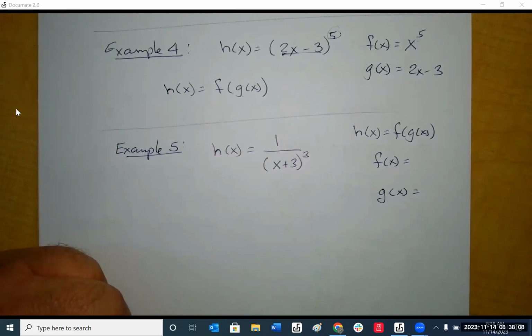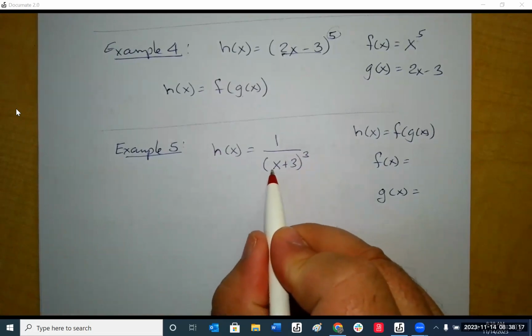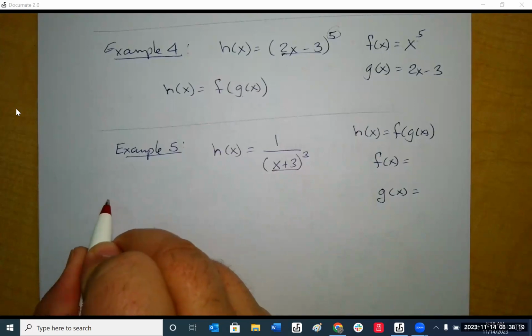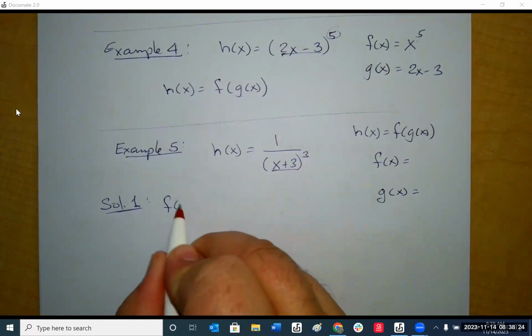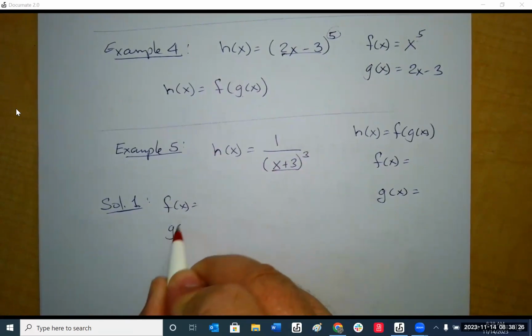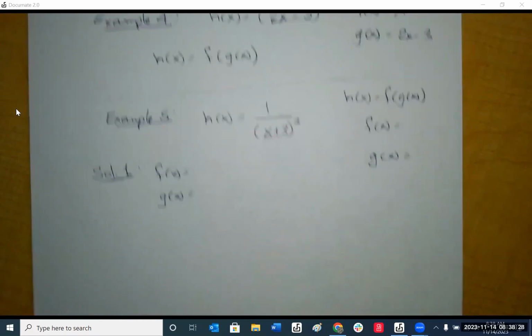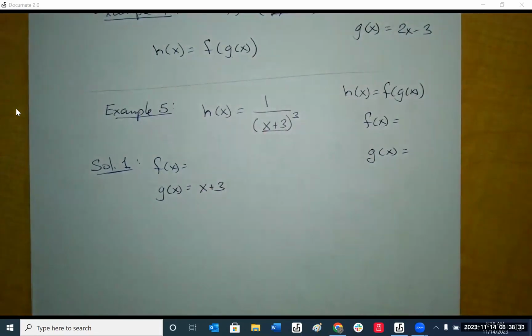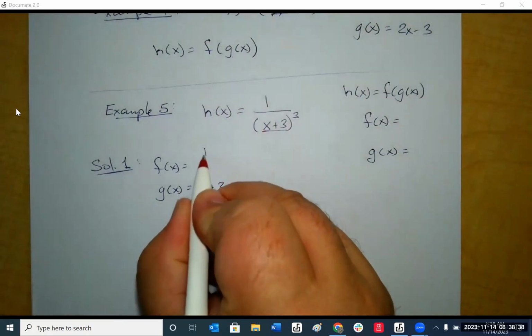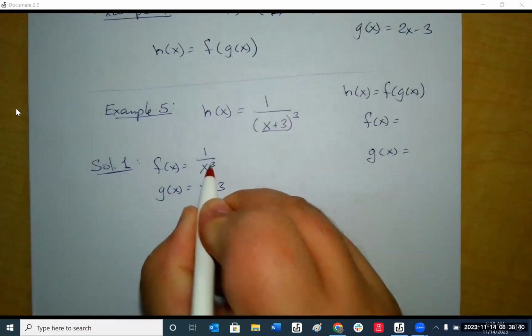There is more than one answer here. Here's solution 1. I can say the inner function, the g of x, is x plus 3. What's the outer function? 1 over x cubed.